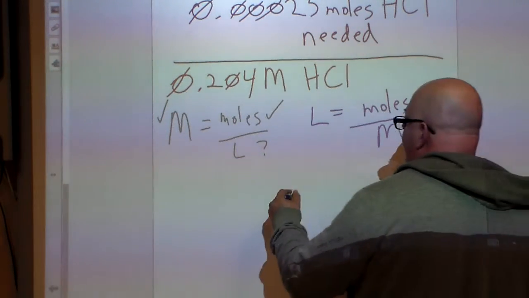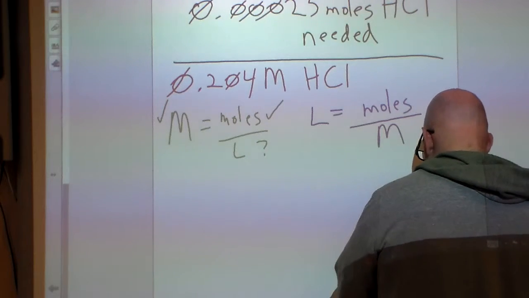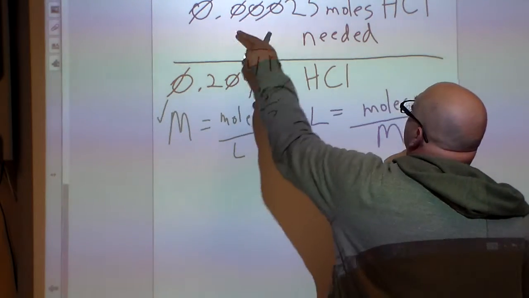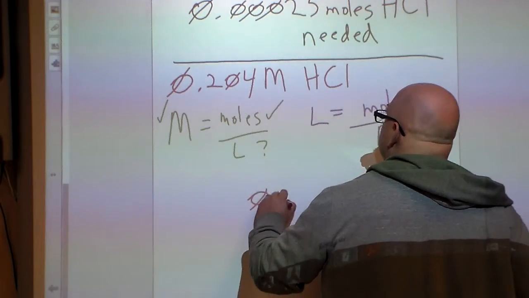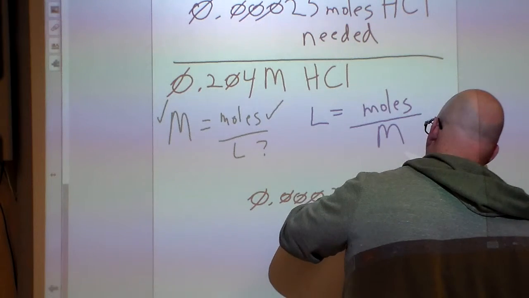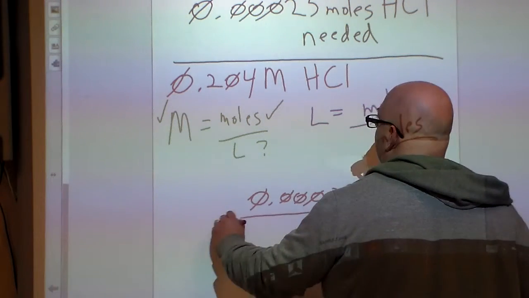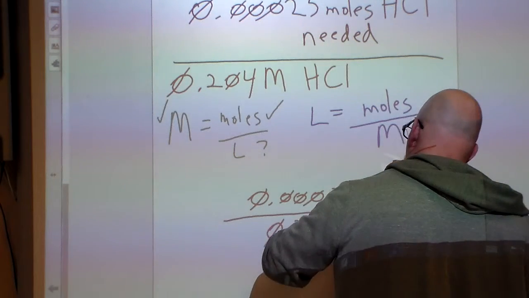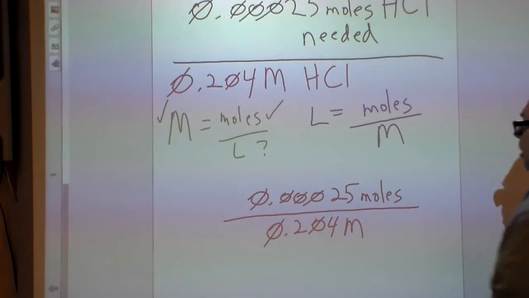All right, we have here our molarity. We're going to put this in red as we go through the number of moles: 0.00025 moles over 0.204 molar.